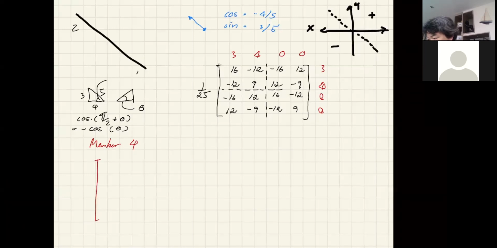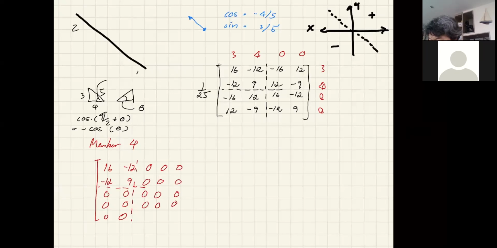You have just the first submatrix: 16, minus 12, minus 12, and then 9. The rest is 0. So 0, 0, 0, 0, 0, 0, and so on. Okay, and then we shall do member number 5.